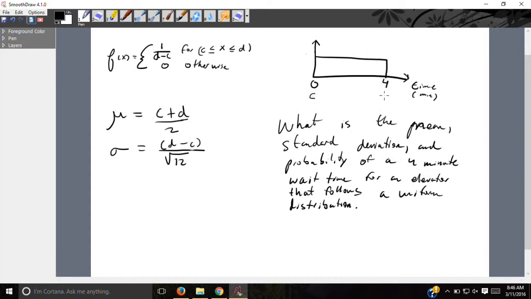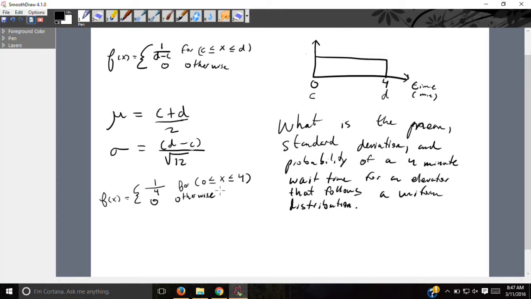C and D. So I'm going to rewrite my function down here as 1 over d minus c, which is 4 minus 0, so that would just be 1 over 4 for the interval of 0 and 4, and 0 otherwise.